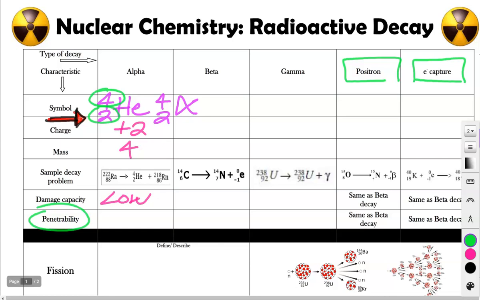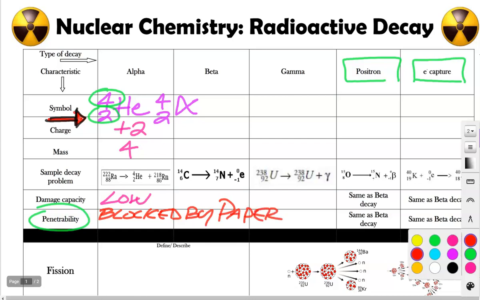And so these can be blocked by a piece of paper, and so that kind of gives you an idea of how much they can penetrate. They can't really penetrate that much. That's why they are not very dangerous. So you can put down here blocked, and I'm going to run out of space, but you guys can fit in blocked by paper. So just a piece of paper will block these alpha particles.